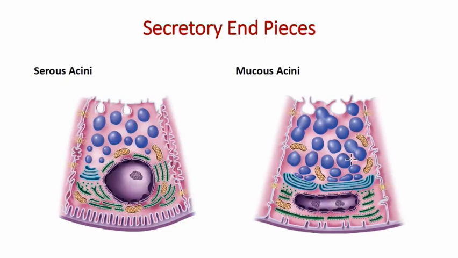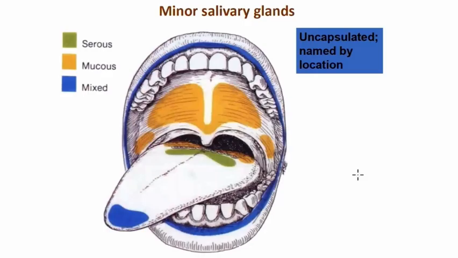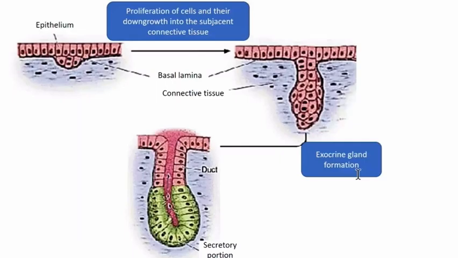The main functions of saliva produced by the salivary glands are, first, wetting or moisturizing, and secondly, lubrication of the oral mucosa and of the ingested food.